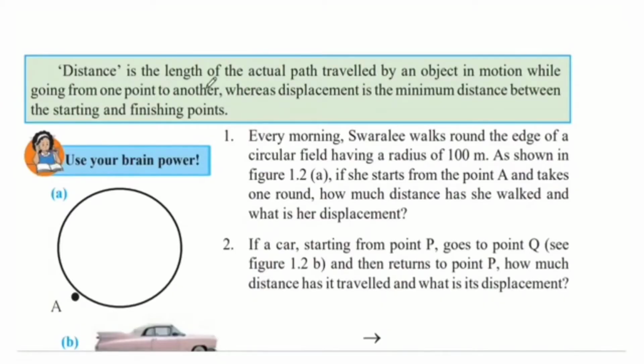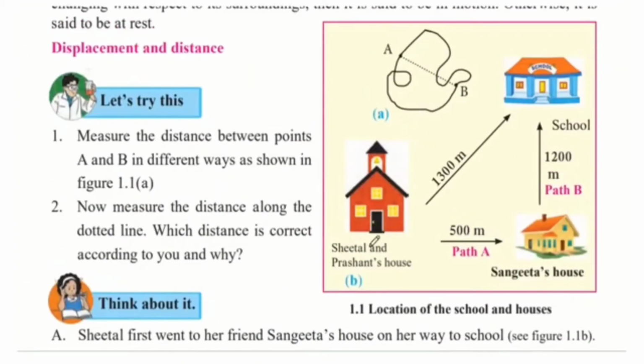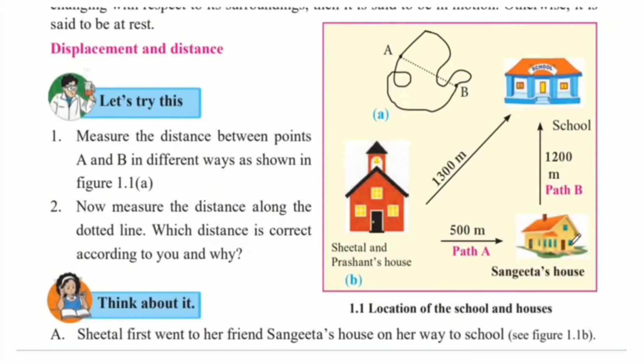Distance is the length of the actual path traveled by an object in motion while going from one point to another, whereas displacement is the minimum distance between the starting and finishing point. So let's understand what is the difference between distance and displacement in the above example. So here Sheetal went from her house to Sangeeta's house and then from Sangeeta's house to the school.